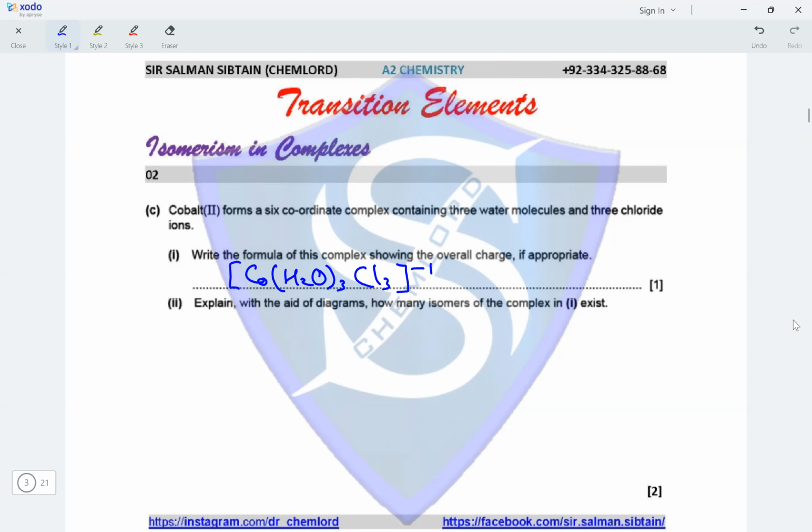We will have a cis and a trans isomer of this complex, and this would be octahedral as stated in the question, that it is a 6 coordinate complex, and the 6 ligands present show that there are 6 dative covalent bonds in the complex. So these are the positions of binding of ligands on the complex.